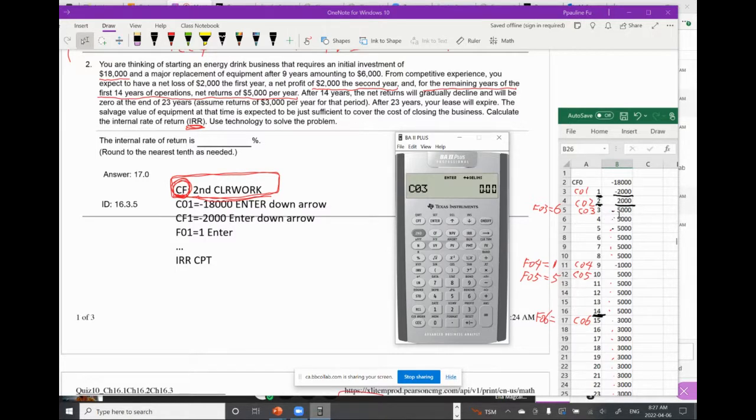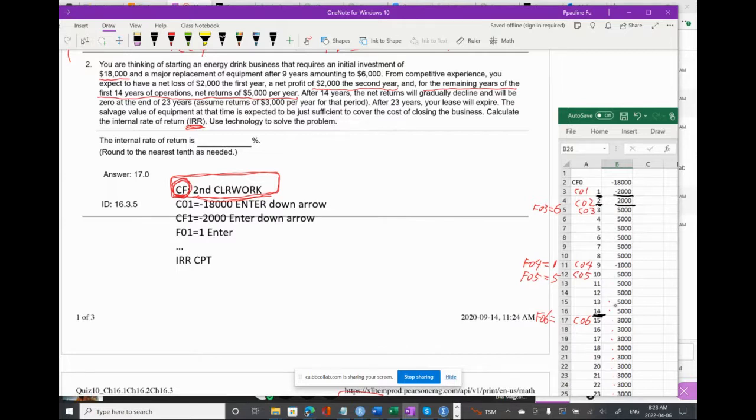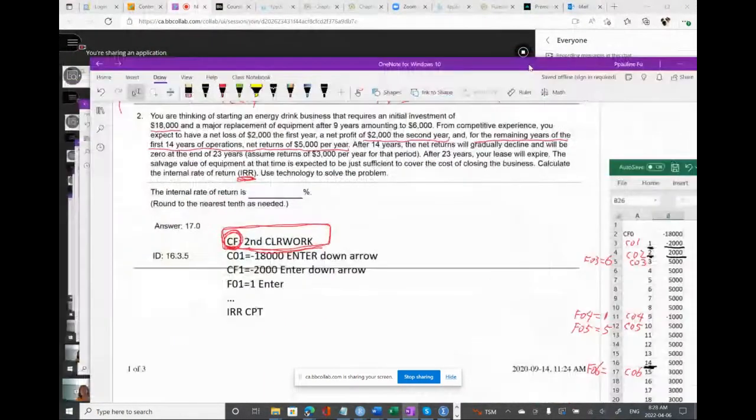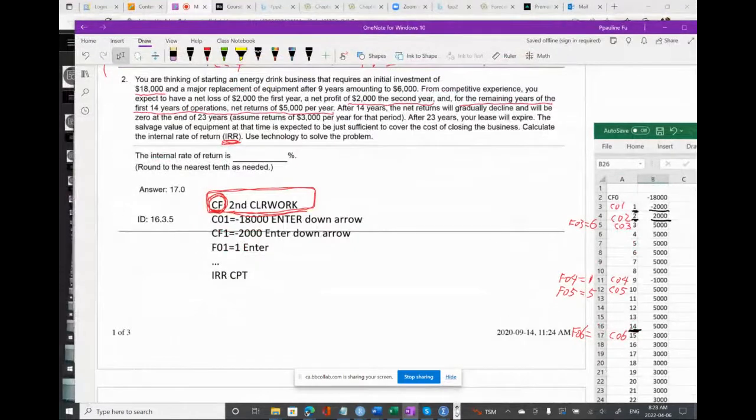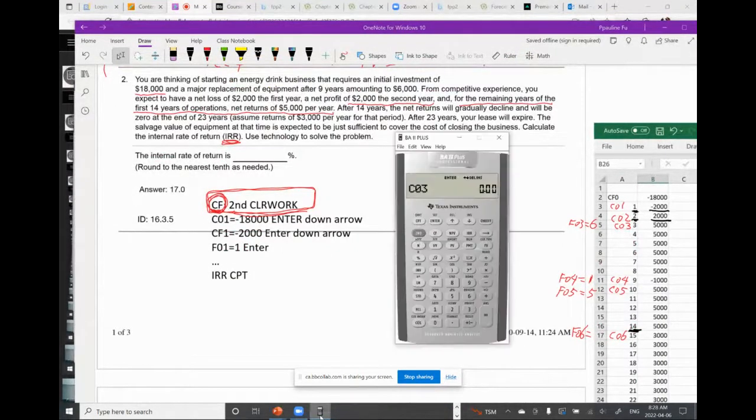C03, net return is at, I'll try to find my calculator. Okay, it's here. So C03 is 5,000.